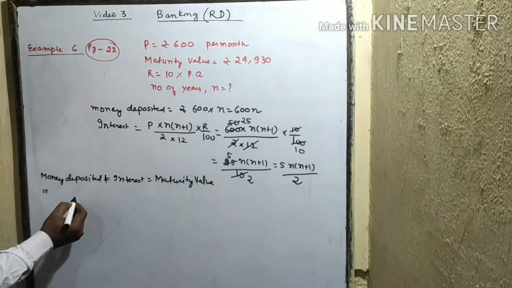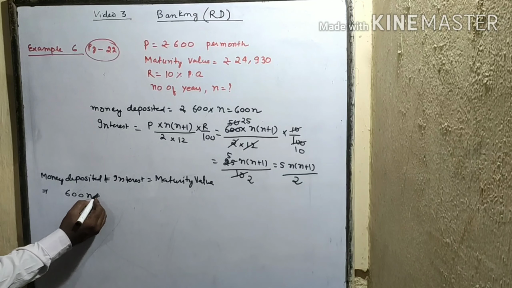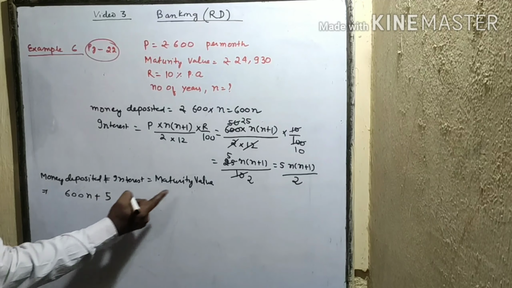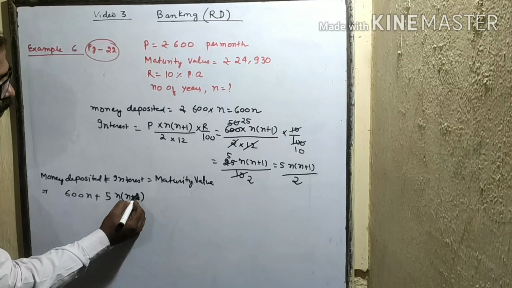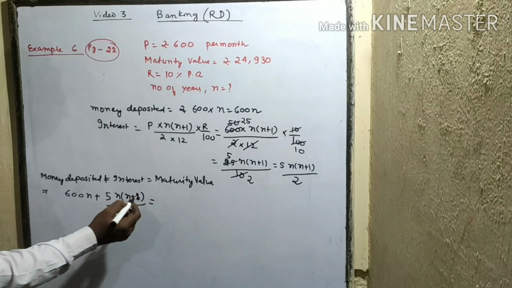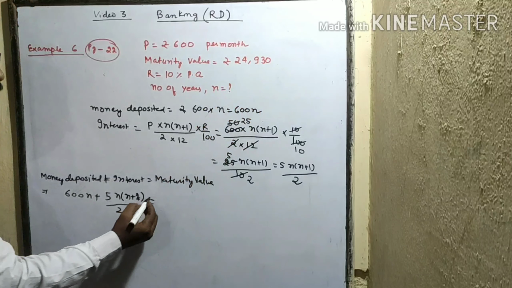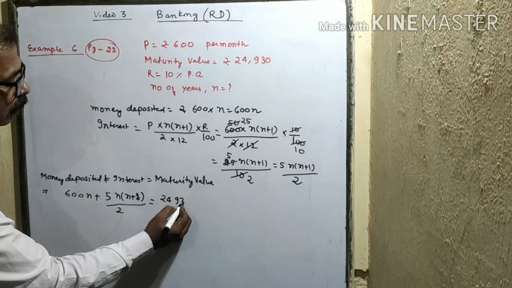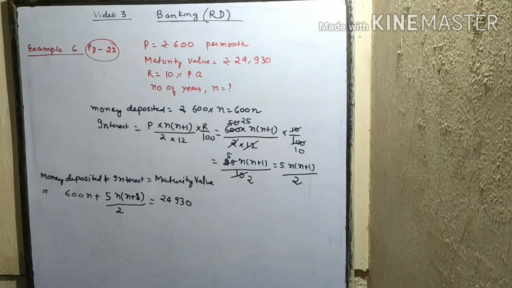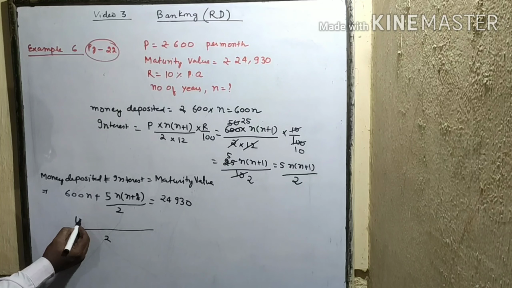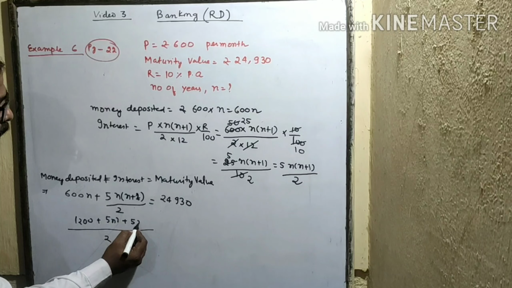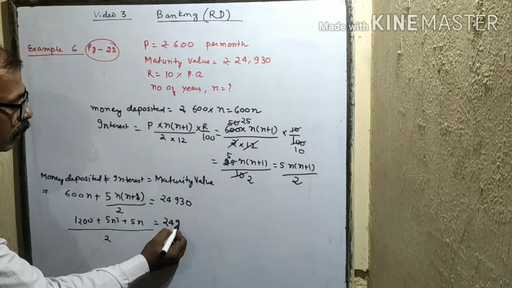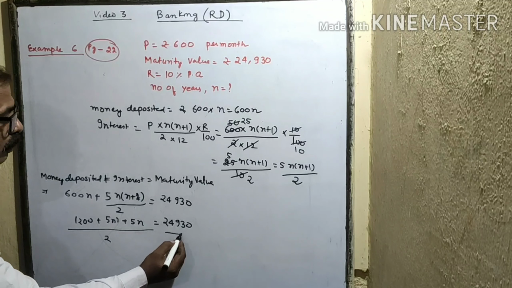We have calculated 600n. 600n plus interest, we have calculated 5n into (n plus 1) by 2, and that is equal to maturity value, 24930. After taking LCM, this will be 2 into 600n is 1200n plus 5n square plus 5n is equal to 24930. We'll do cross multiplication.